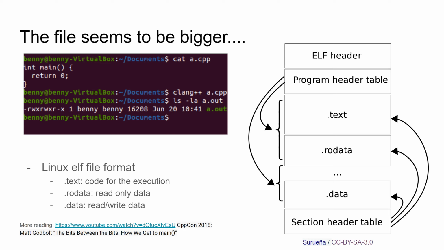So let's actually write a CPP file that is what we just described and compile it. What's interesting is you now see that the file we compiled is 16 kilobytes instead of just a few bytes of assembly. That's because the compiled binary file contains much more than what we saw in the assembly.